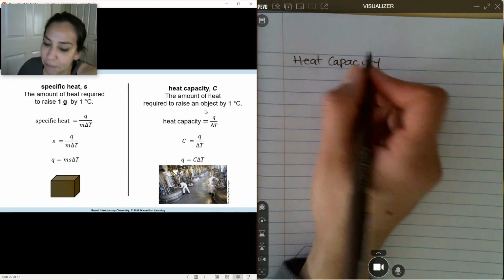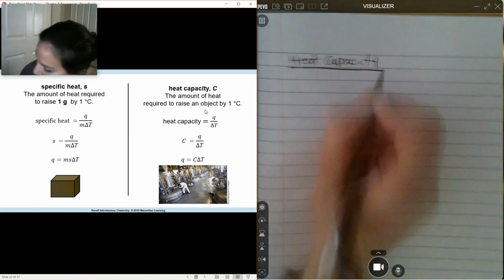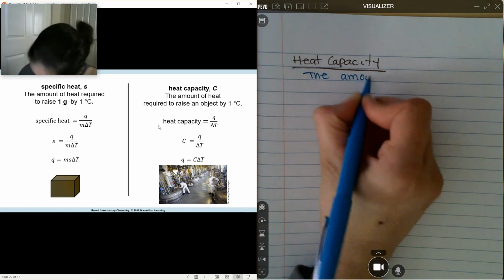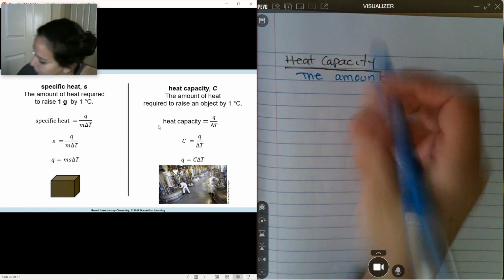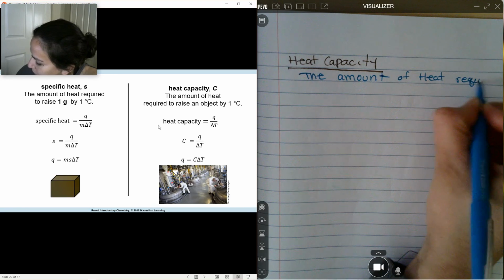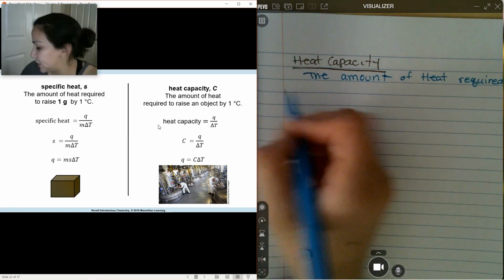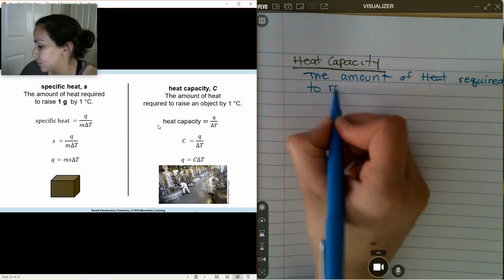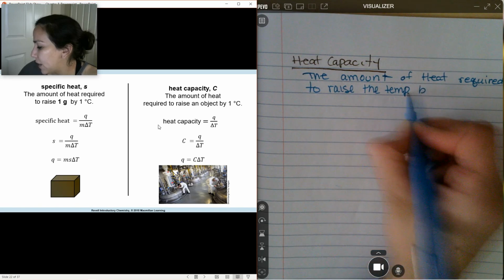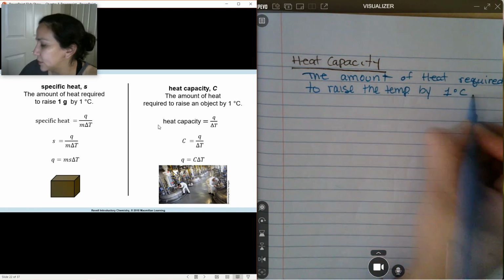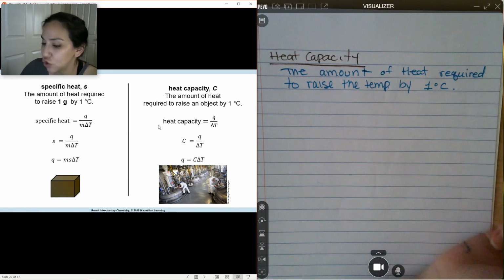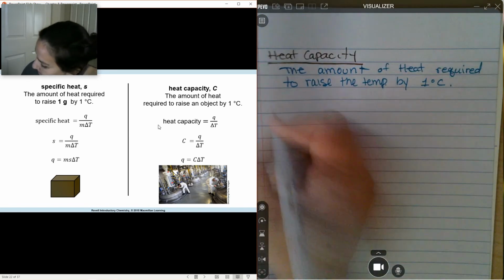So heat capacity is the amount of heat required to raise temperature by 1 degree Celsius. So it doesn't say to raise the temperature of 1 gram. It just says to raise the temperature by 1 degree Celsius.